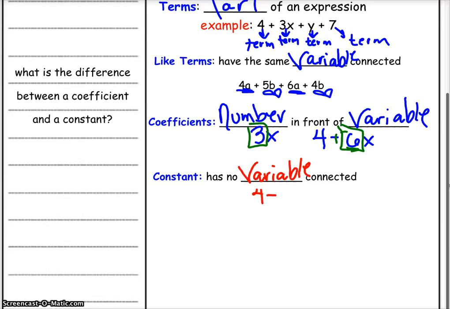So in that same example, the 4 is constant. That's the constant. Okay? So you have the vocab words coefficient, constant, like terms. The newer vocab words would probably be the coefficient and constant that you didn't really talk about last year.